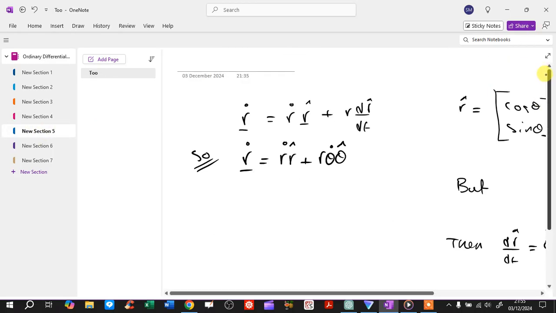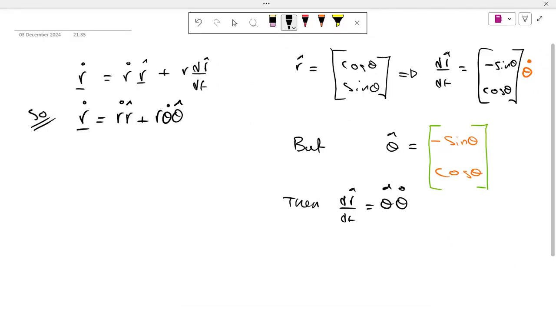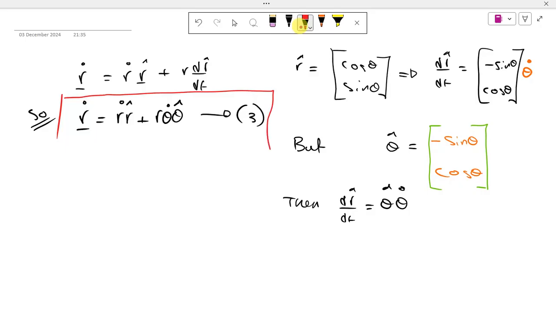We'll call this equation 3. So that's an important equation. Now, we need to differentiate this again.